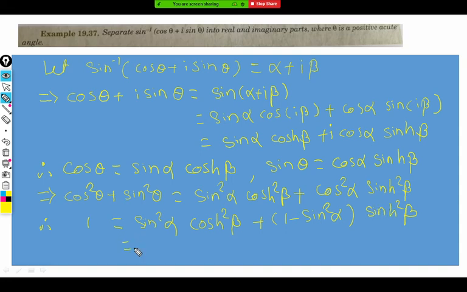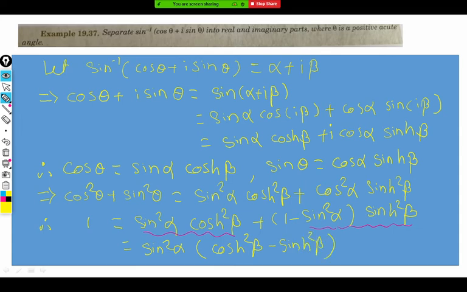So what happens here, collect the terms of sine alpha together. This is one term, and when you multiply this with that, that is also one of the terms. So I can write here sine square alpha in bracket cos h square beta minus sine h square beta.